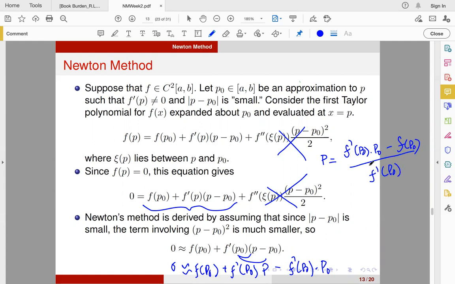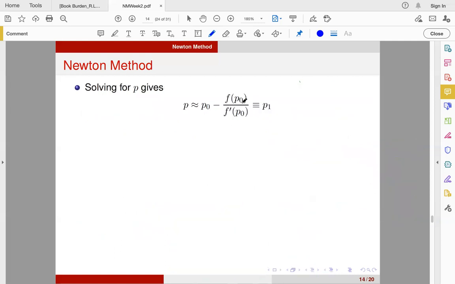This one cancels here. It remains p equal to p0 minus f(p0) over f'(p0). So that's the Newton method. This is the value.